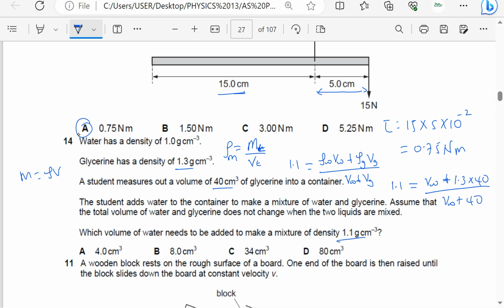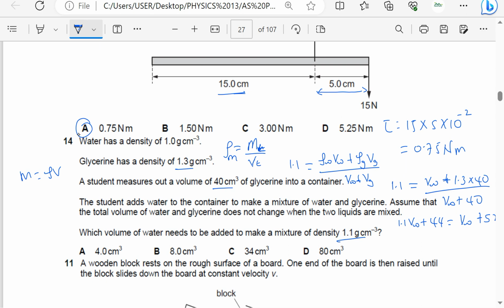So just solve this equation. 1.1 times that, so I'll have 1.1 VW plus 44, since 1.1 times 40 is 44, equals the volume of water plus 1.3 times 40, which is 52.